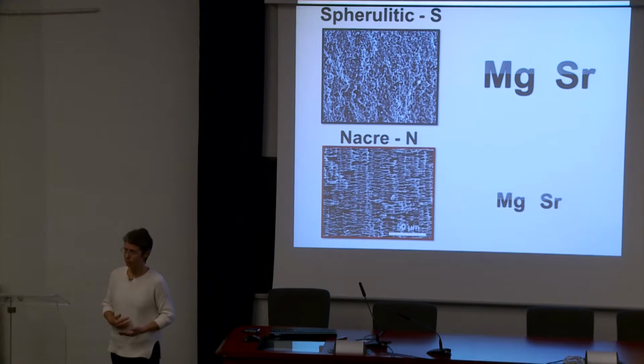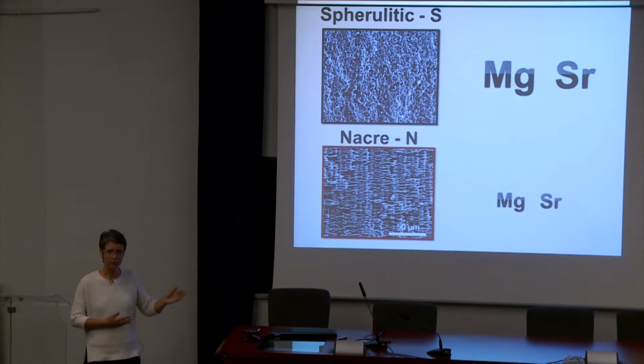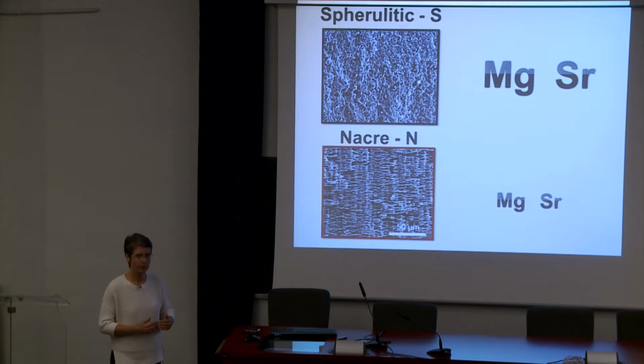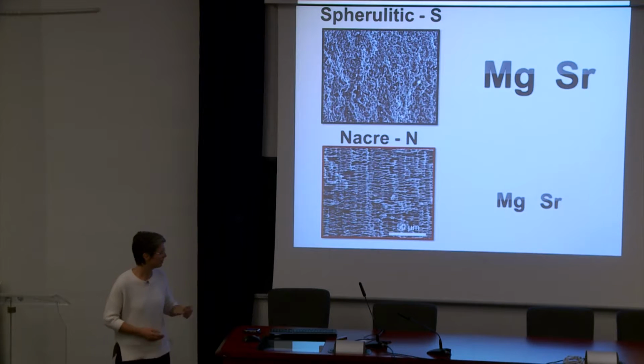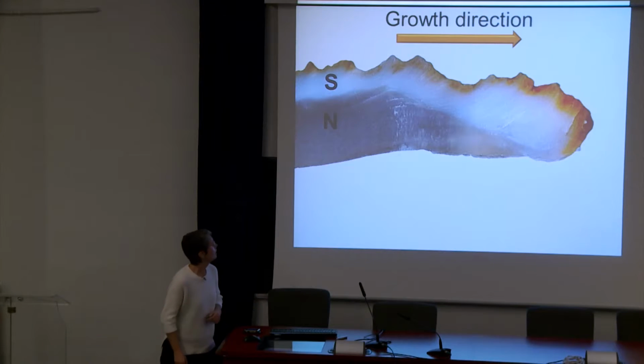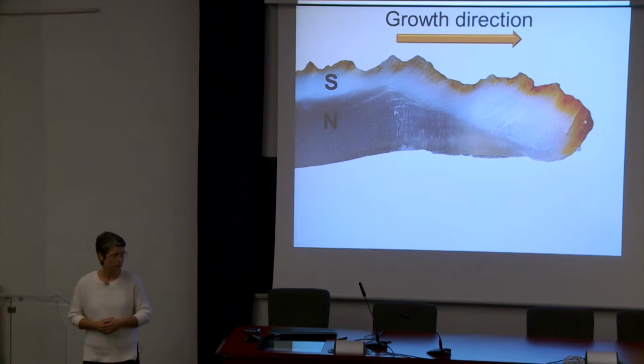To go one step further, we wanted to know if these elements are homogeneously distributed along a layer deposited at a single moment that we will call an isochronous line. But what is this? Here again, this is the section of the last centimeter of growth.